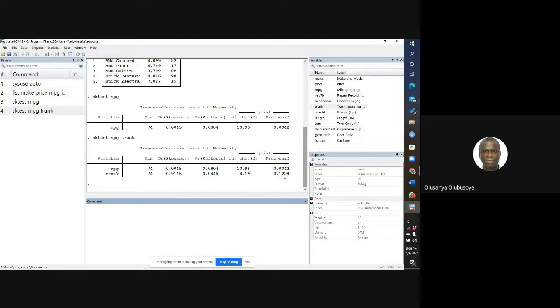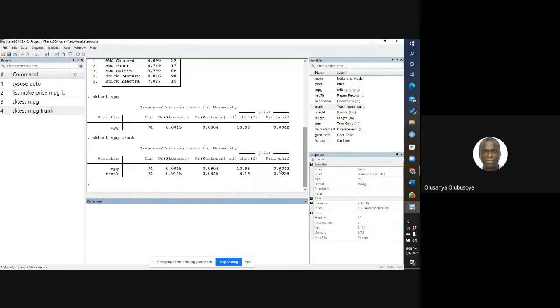And so we can conclude that trunk is normally distributed, whereas MPG is not normally distributed.